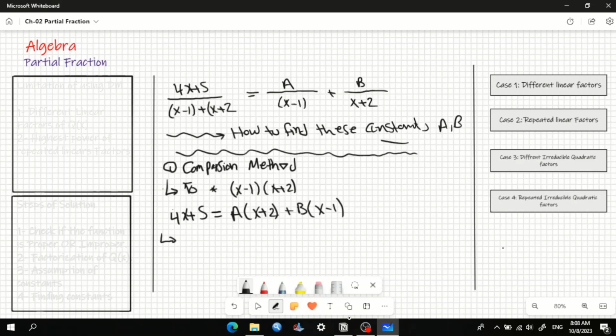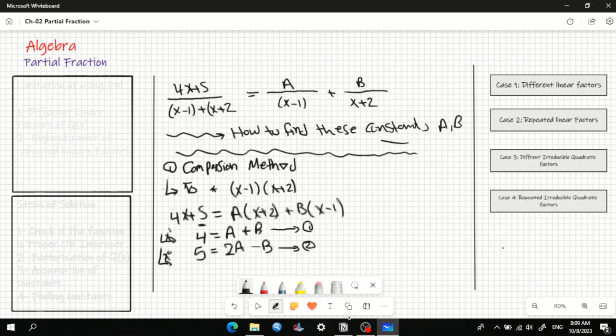So 4 will be equal to a plus b, and here is the first equation to get a and b. Again compare, x to the power 0, the free term: 5 equals 2a minus b, and here is the second equation.